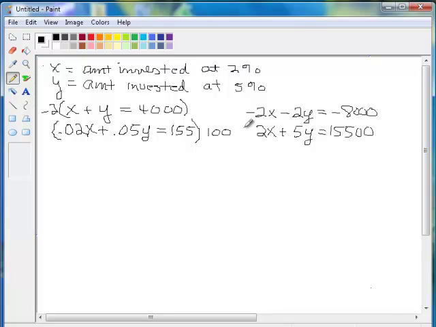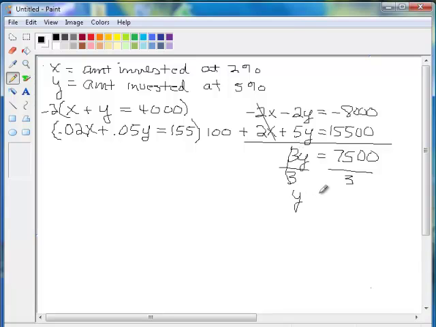And then I am going to add these 2 equations. The x's are going to cancel. I'm going to add -2y and 5y and get 3y. I'll add -8,000 and 15,500 and get 7,500. And then to solve for y, I will divide by 3.